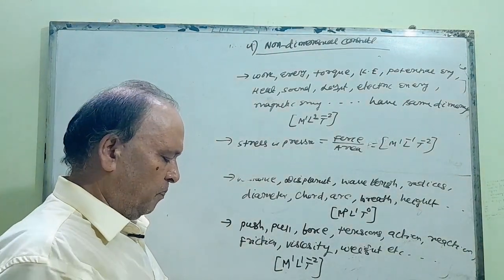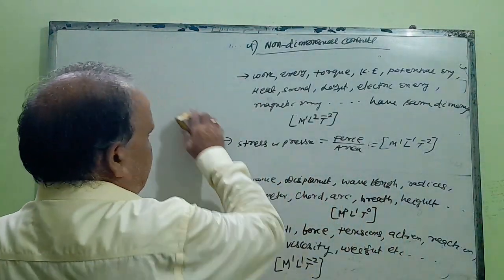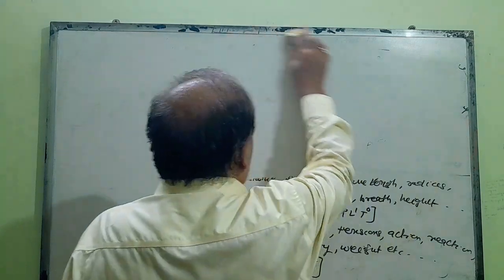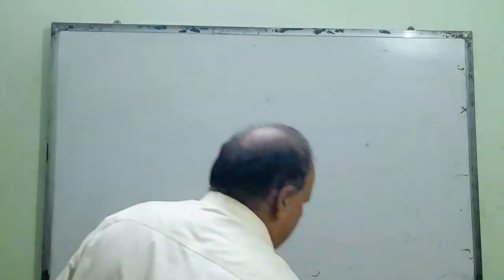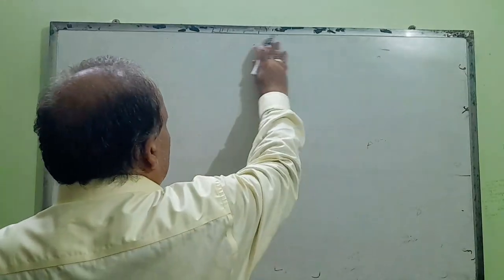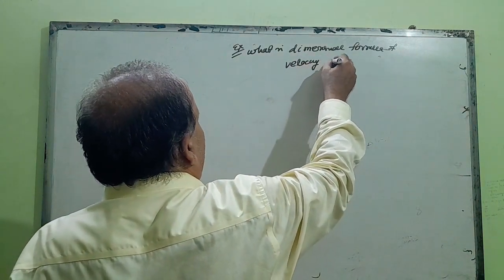Next come to your application of dimensional analysis. You see, before that I am doing some examples about dimensions. What is the dimensional formula of velocity gradient?